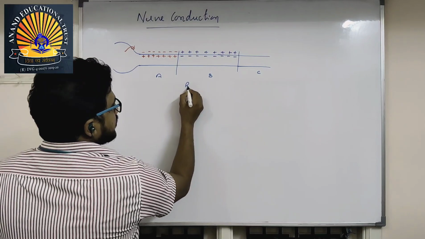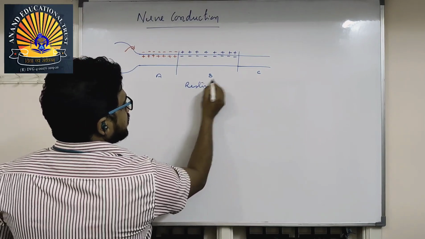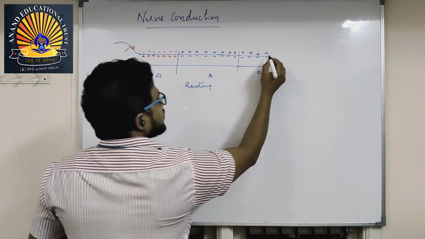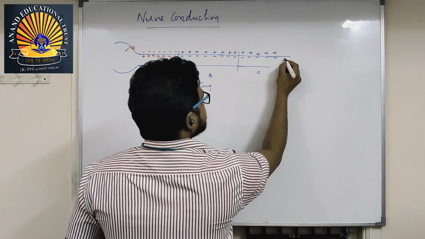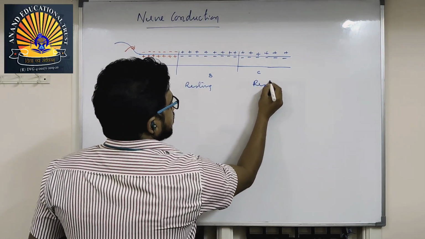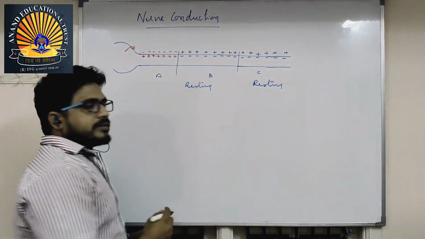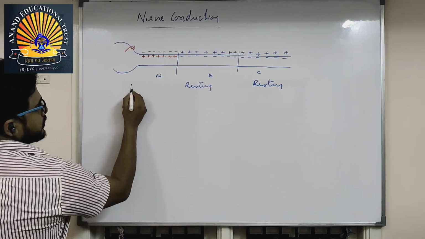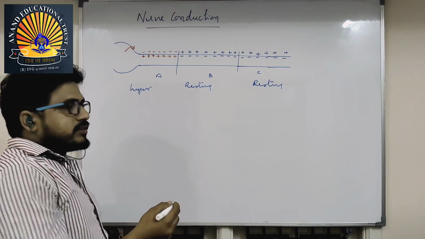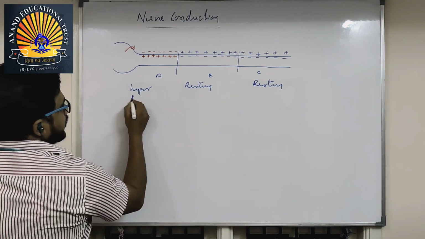B is in resting. C is also in resting. Let me take a little extent like this. So C is also in resting. A is in hyperpolarization.